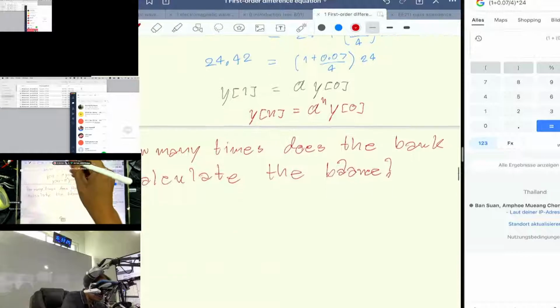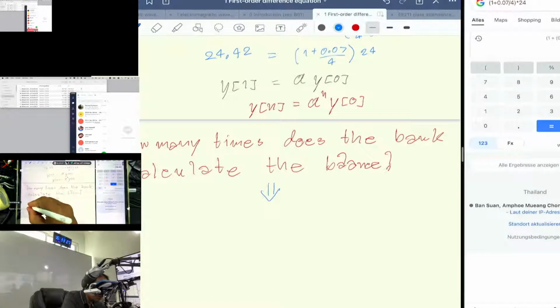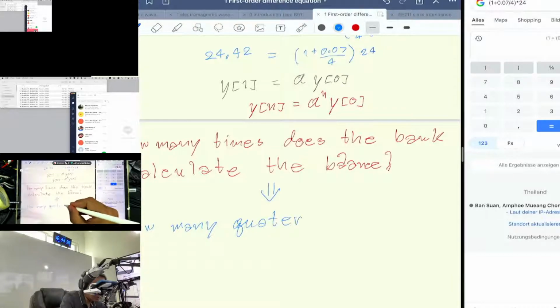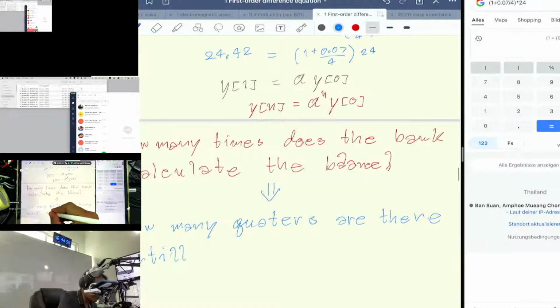It means how many quarters are there until December 31st, 2030.